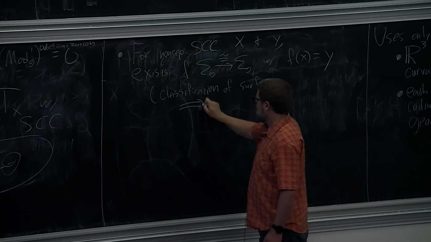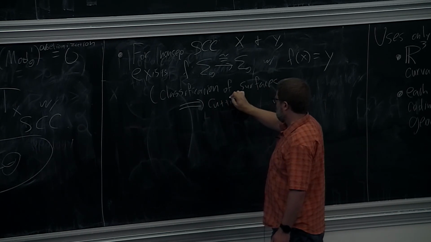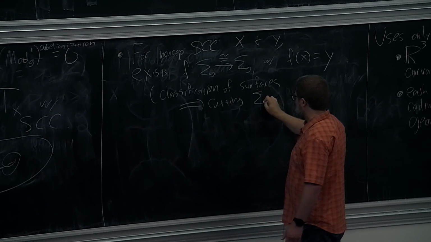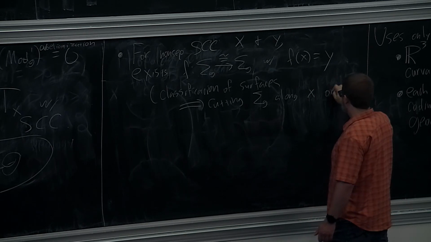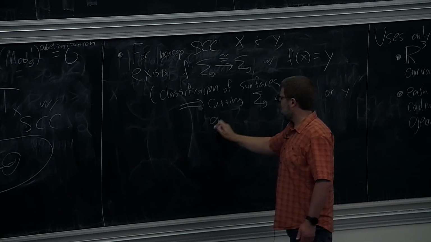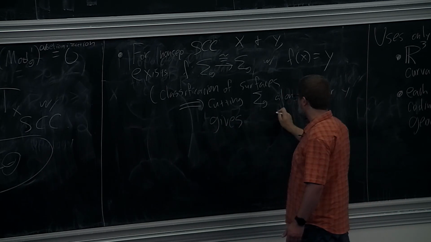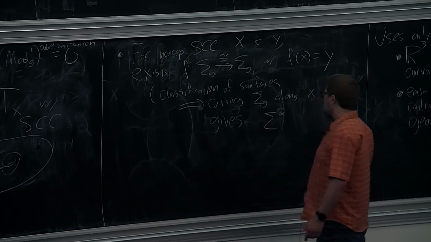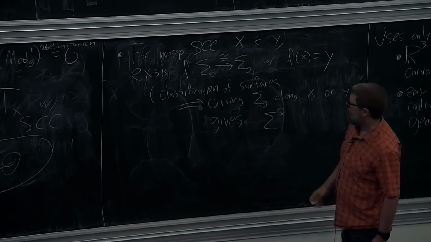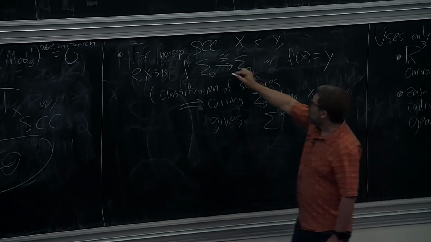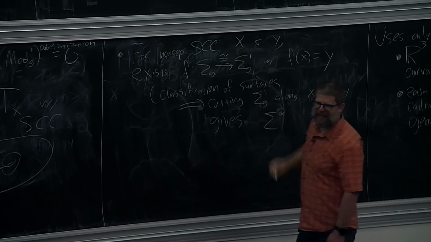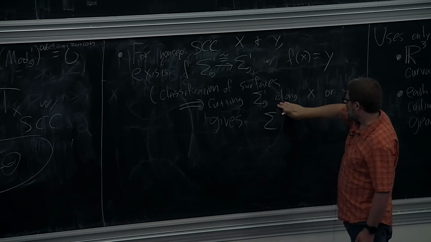It implies that cutting sigma g along x or y gives a surface with 2 boundary components, right? Since I'm doing a boundary like that, there should be 3.